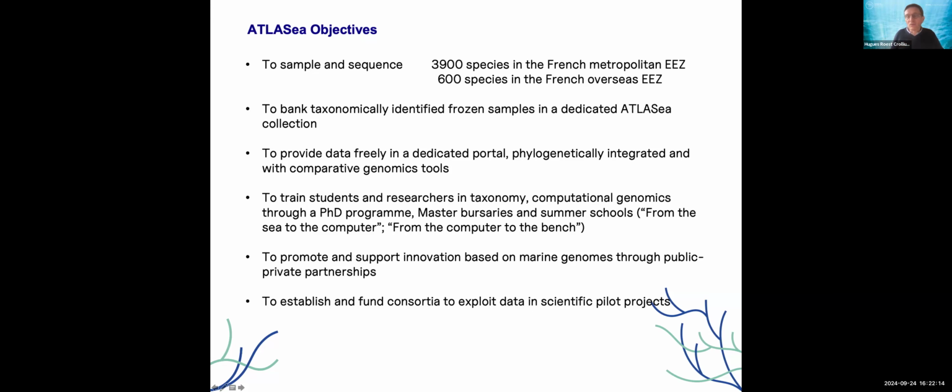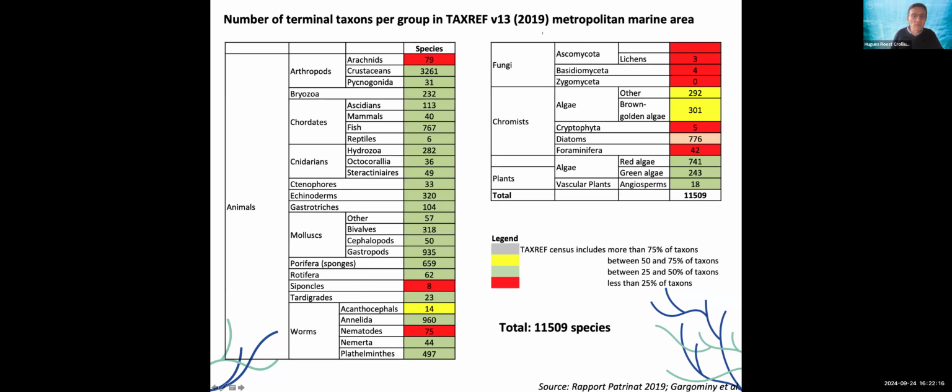So the number of species we're targeting comes from this list elaborated by the French Biodiversity Office that every year updates a list of species that are known to exist in the French territories. And in the marine space, there's about 12,000 species that are known to exist in mainland France. And so this was our kind of reference to say we will sequence a large fraction of those.